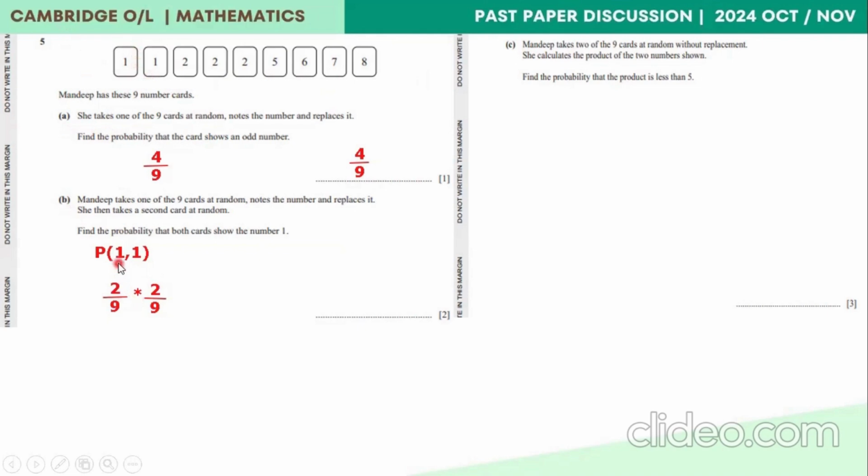So this is the probability of getting 1 and 1. So we multiply both the probabilities: 2 over 9 into 2 over 9 is going to be equal to 4 over 81. Since this is a proper fraction, we can leave our answer like this itself. So 4 over 81.